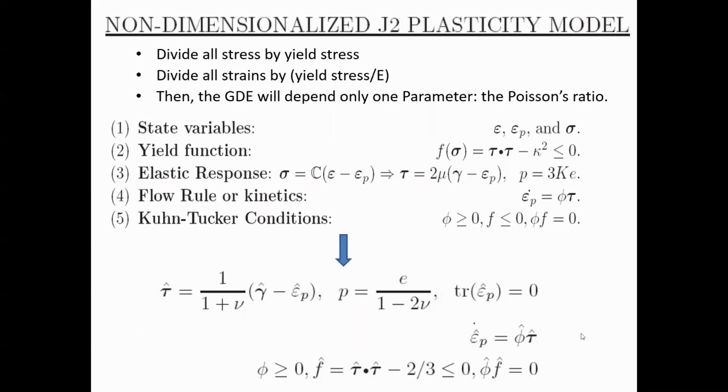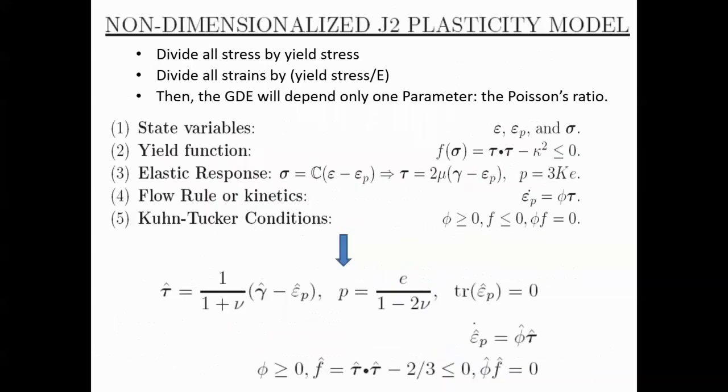Okay. All these quantities, the small e, p, tau, gamma, epsilon p, all these are normalized quantities as per what is given over here. Just a way of doing things.